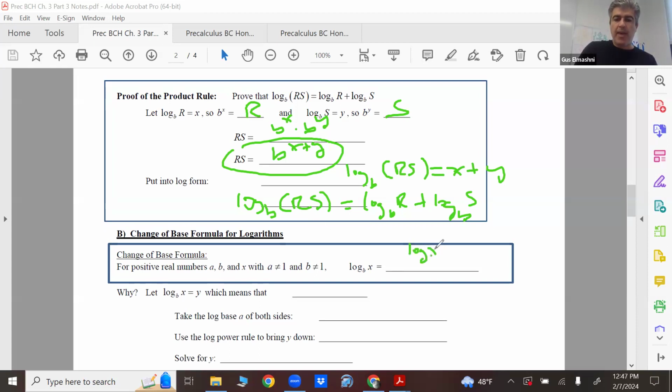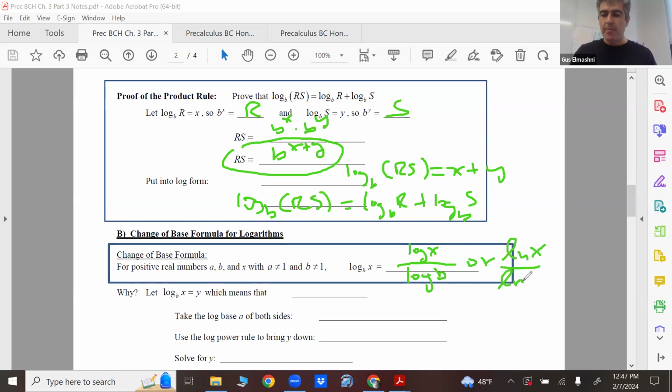This is from back in the day, before your calculators could do any log you want, like on the TI-84. When I was in high school, we didn't have that special feature. So if you wanted to evaluate a log that was not base 10 or base E, you would have to do this. Or you could do this.